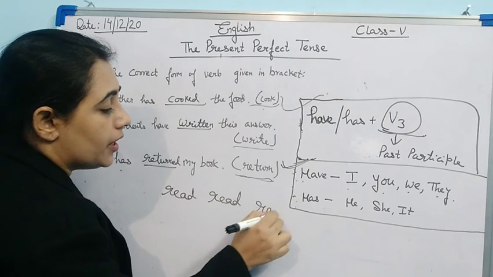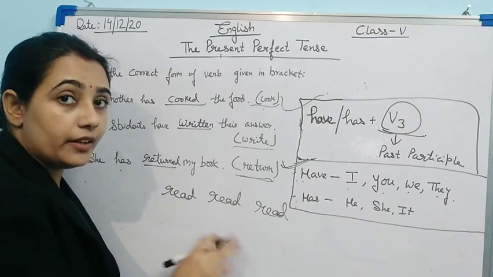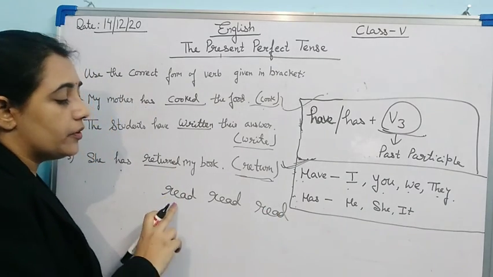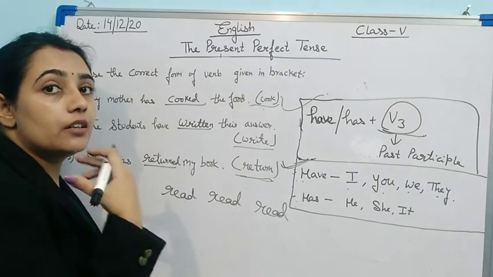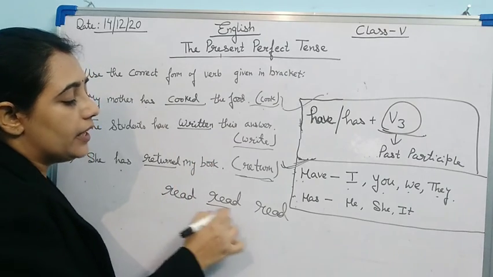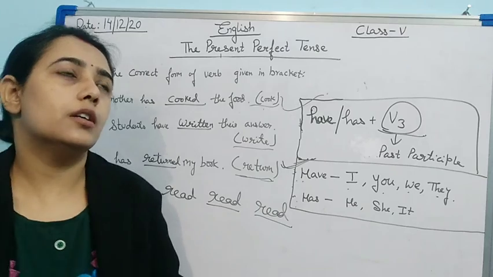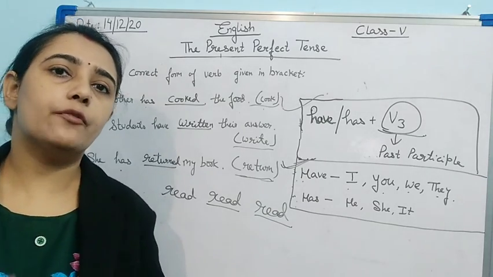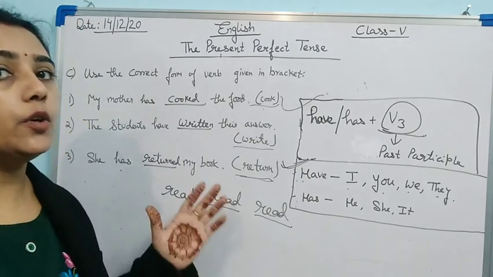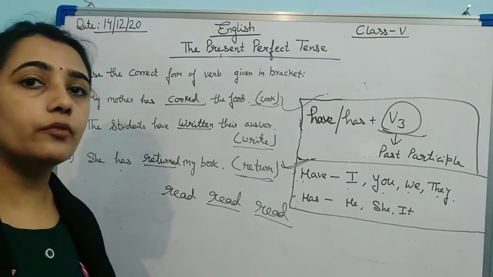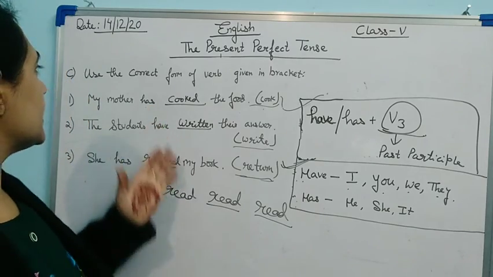But how will we read it? We will read it as read, but the spelling will remain unchanged. Okay, so it is very simple. Just learn the three forms of verb and you are sorted with all the exercises of the tense. I hope exercise C is also clear to you.